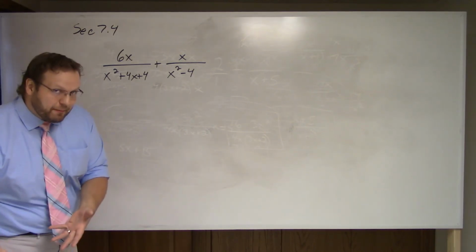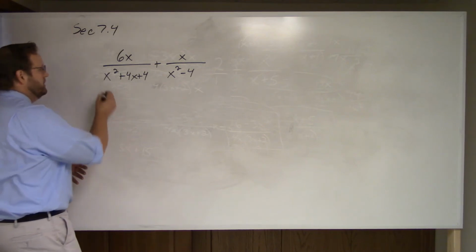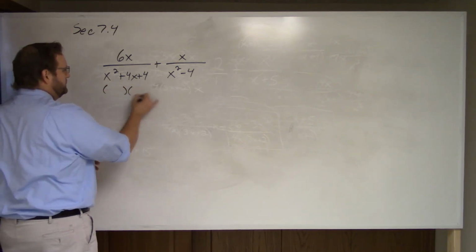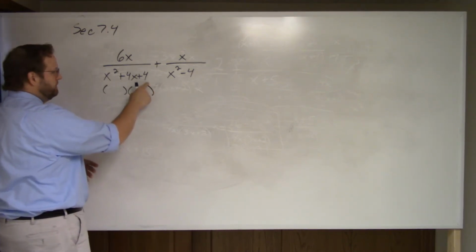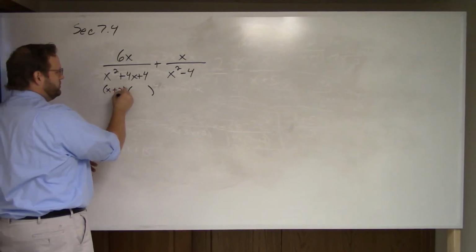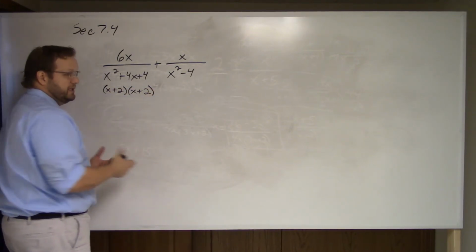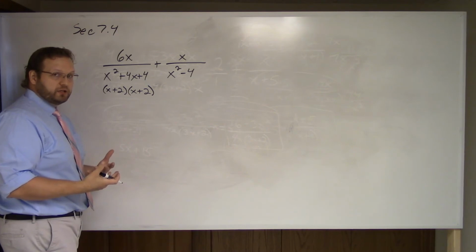In order to get the common denominator, we need to factor, so let's do that. Now, with this trinomial here, we get x plus 2, x plus 2. That would be what it would look like if you're using guess and check.